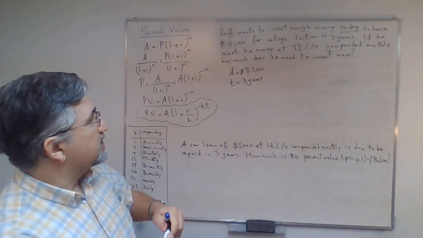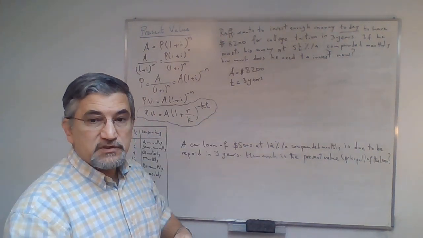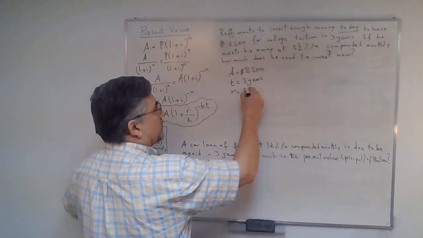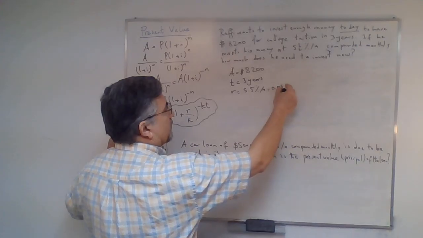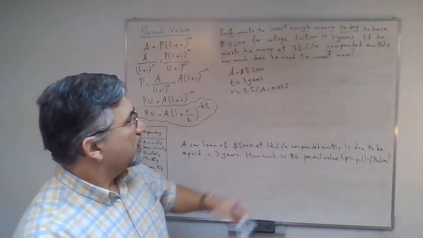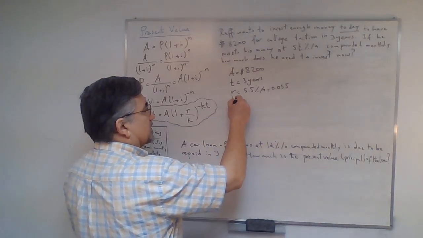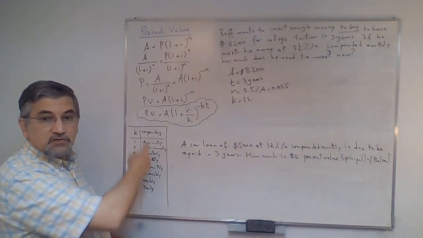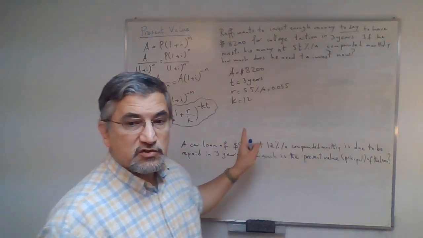If he invests his money at 5.5% per annum, which means the annual rate of interest expressed as a decimal would be 5.5%, or 0.055, compounded monthly, the question says. So that means that k is basically 12. We know our chart, we know the k values. We know if interest is compounded monthly, k is 12.